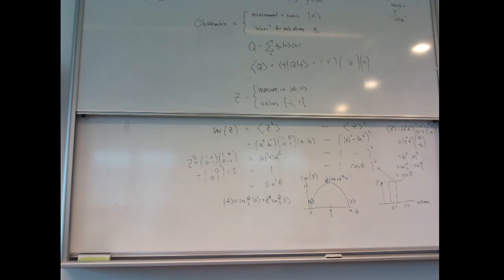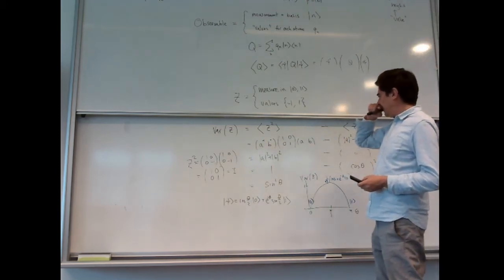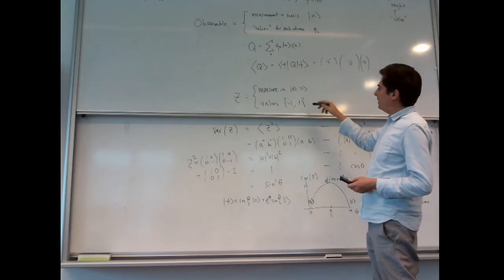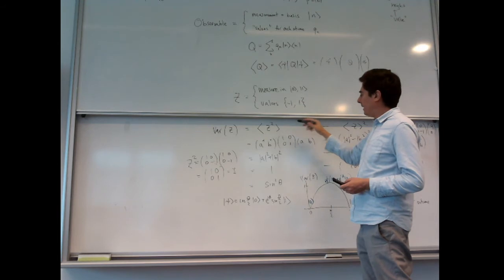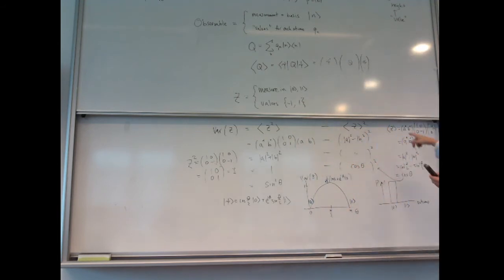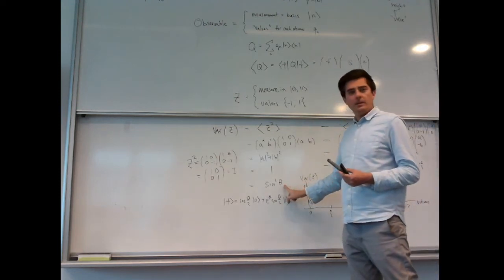So if we know the expectation and the variance of a certain observable, will that determine its quantum state? That's a good point. No, actually. Here we worked out that the average of z was cosine theta, and the variance was sine squared theta, right?